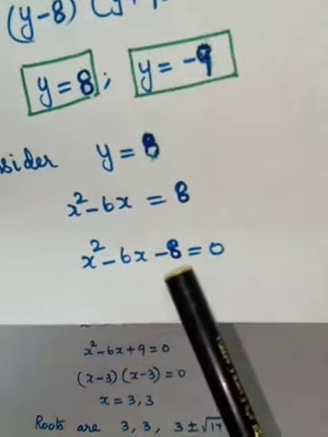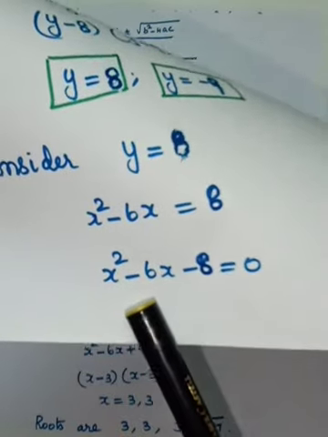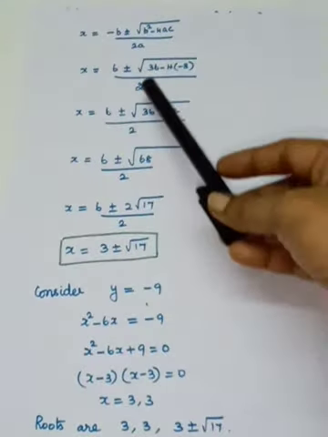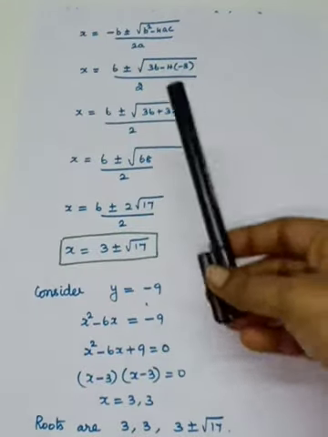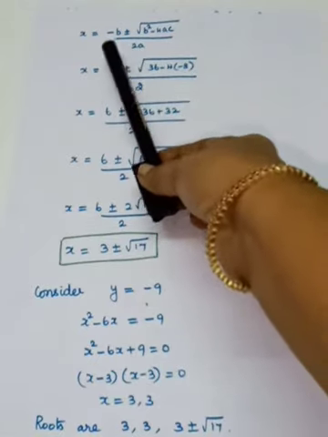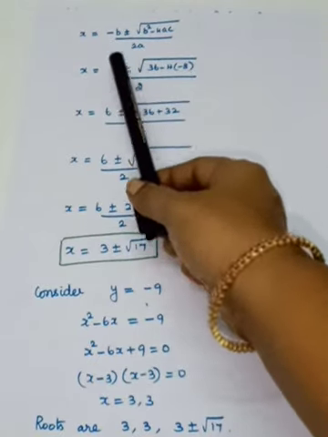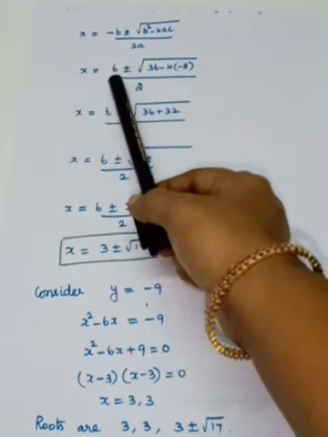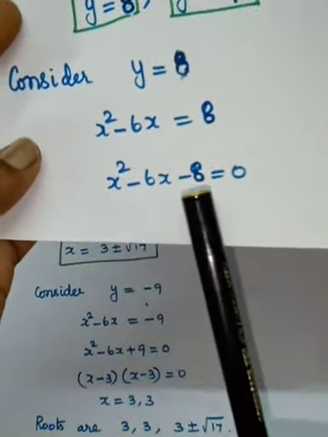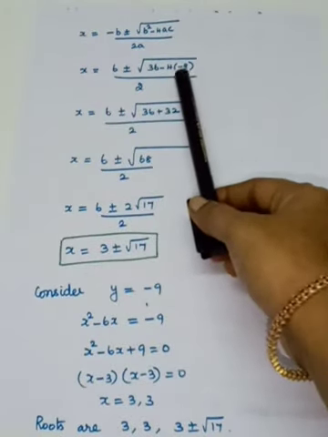So you have to use this formula because the product of two terms is minus 8 and the addition is minus 6. So we are now going to use the formula. So when you substitute b as minus 6, so minus of minus 6 is plus 6 and b squared, minus 6 the whole square, is 36 into minus 4 into your a is 1, your c is minus 8. So here you have to substitute.